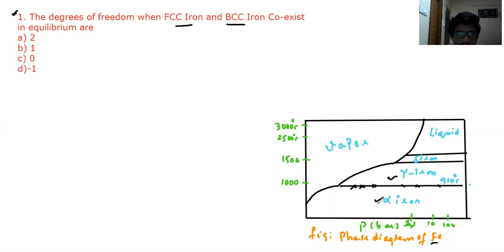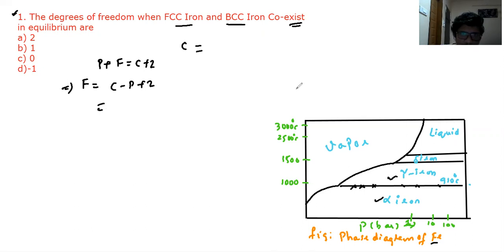So the Gibbs phase rule is given as P plus F is equal to C plus 2. So from this we can write F as C minus P plus 2. The number of C is the number of components in this question.